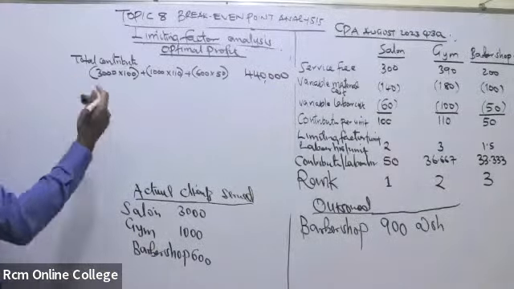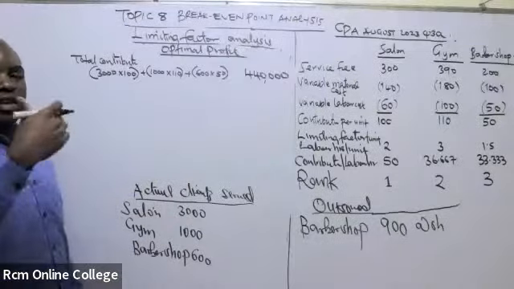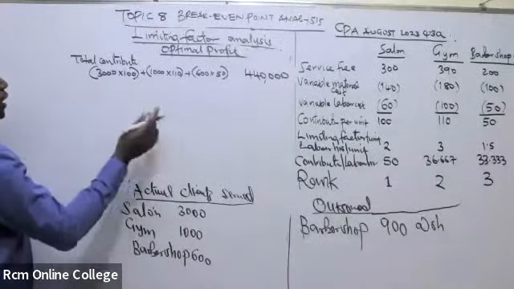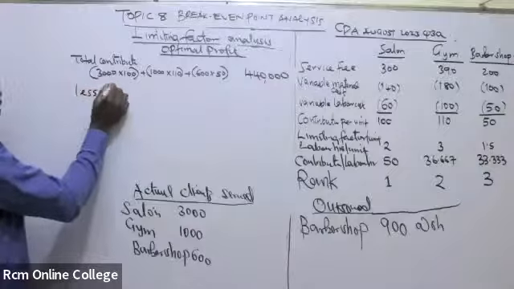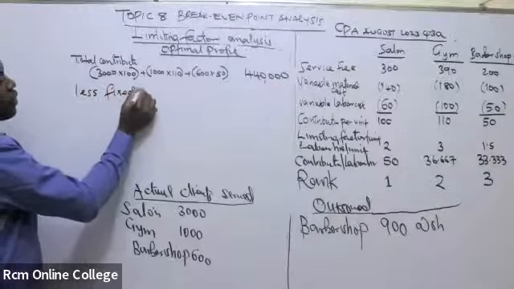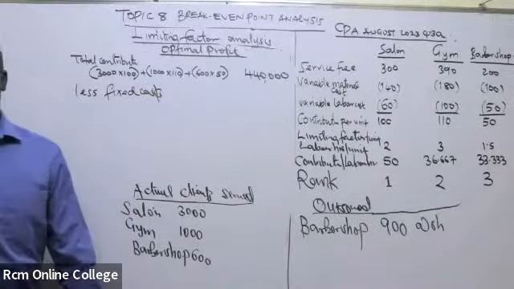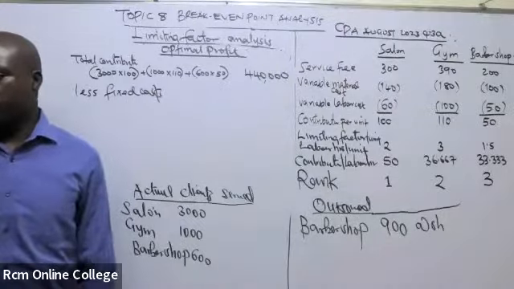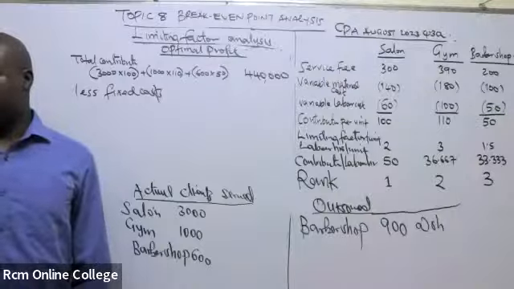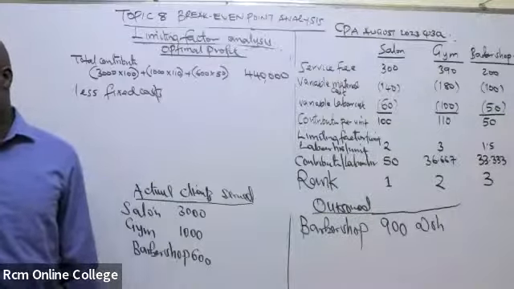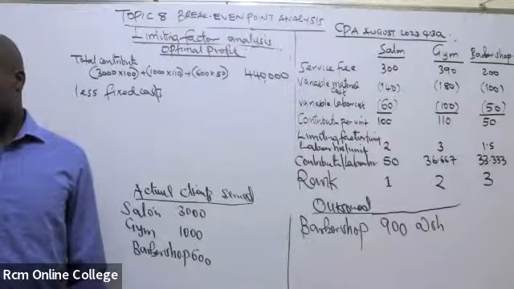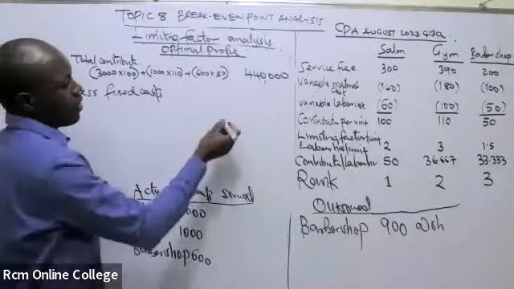So we can have fixed production overheads and fixed non-production costs. We deduct that. So less fixed cost. What was the total fixed cost that we are given? $400,000, right?